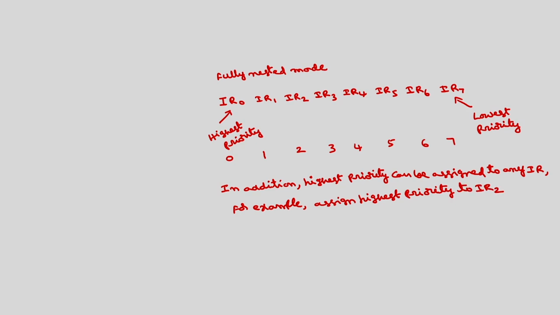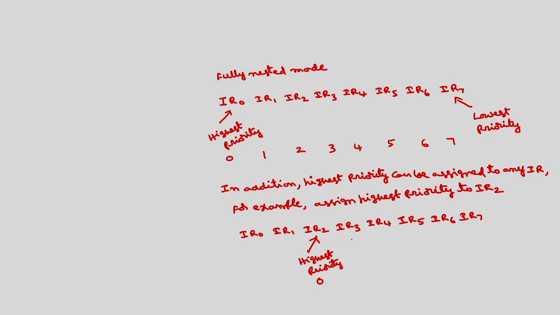then in the sequence IR0, IR1, IR2, IR3, IR4, IR5, IR6 and IR7, I am now assigning the highest priority to IR2, meaning priority 0.